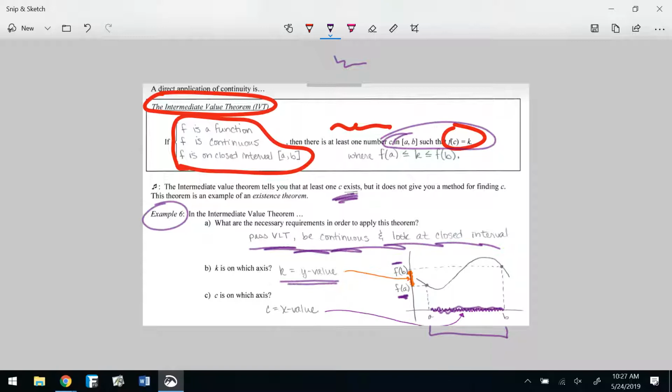If I take any value in between those two, there's going to be somewhere where every value is hit, because it passes the vertical line test, it's continuous, and it's on a closed interval.